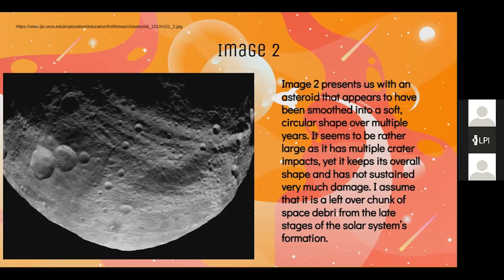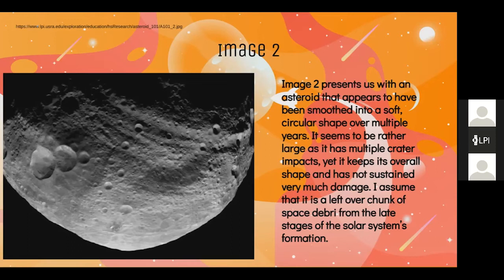It's more smoothed down, and this asteroid is pretty big and could allow other asteroids to fall into it and collide with it, but it wouldn't break at all. And it seems to have multiple pretty big crater impacts, and then smaller impacts and medium-sized impacts as well.